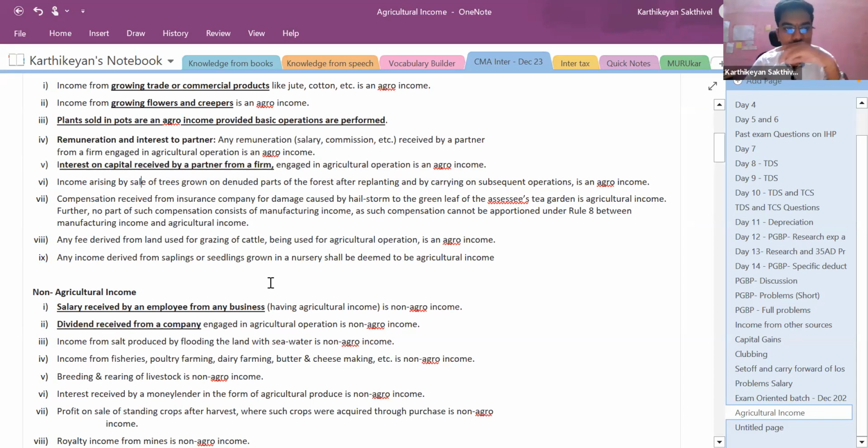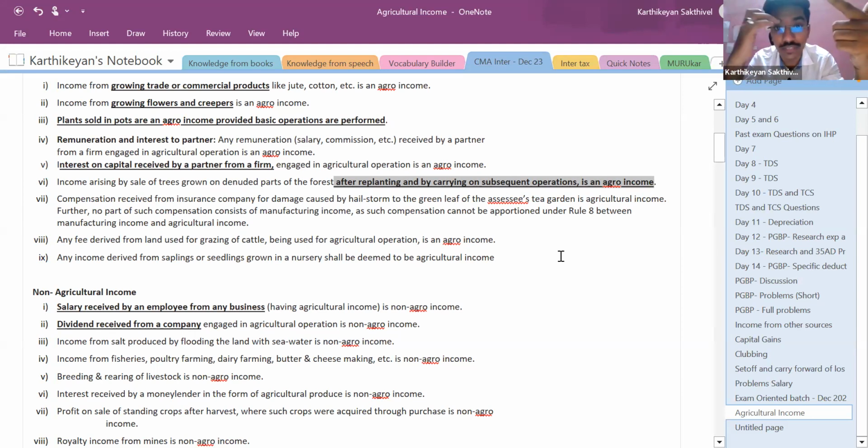Any income which is arising by sale of trees grown on denuded parts of the forest after replanting and carrying on subsequent operations. So I should plant it and I should also carry on the subsequent operations. So generally operations can be broadly split into two: basic operations and subsequent operations.